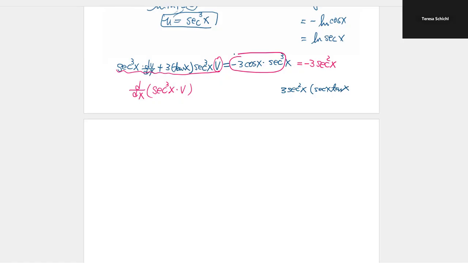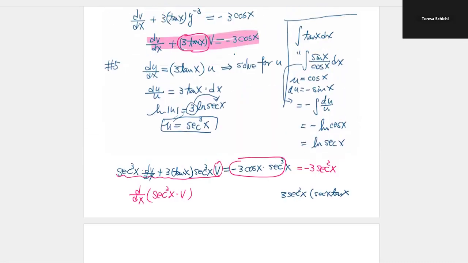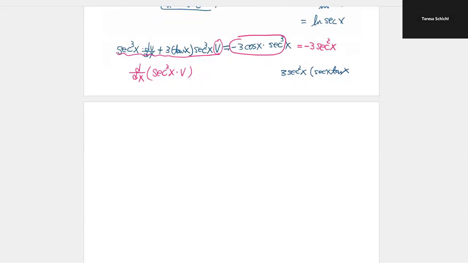So now the next step, step number 6. After I change this, I need to integrate that, right? So here this will give me d/dx of secant cube x v equal to negative 3 secant square x.